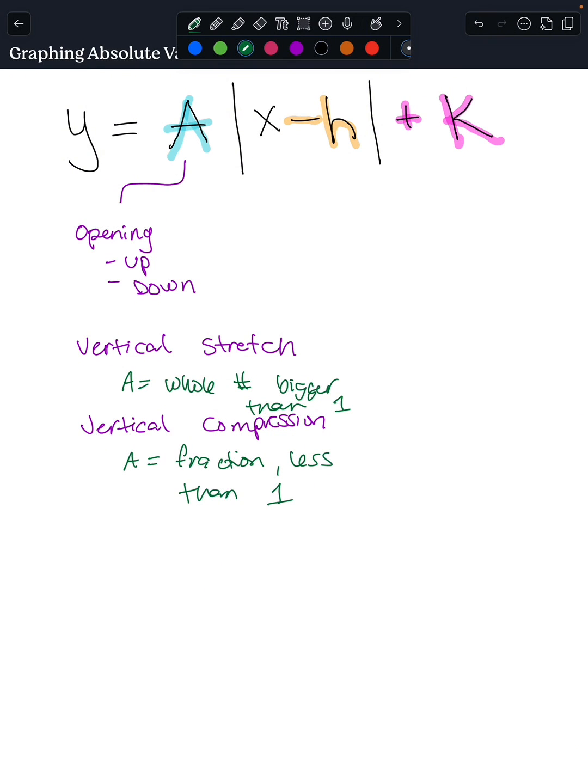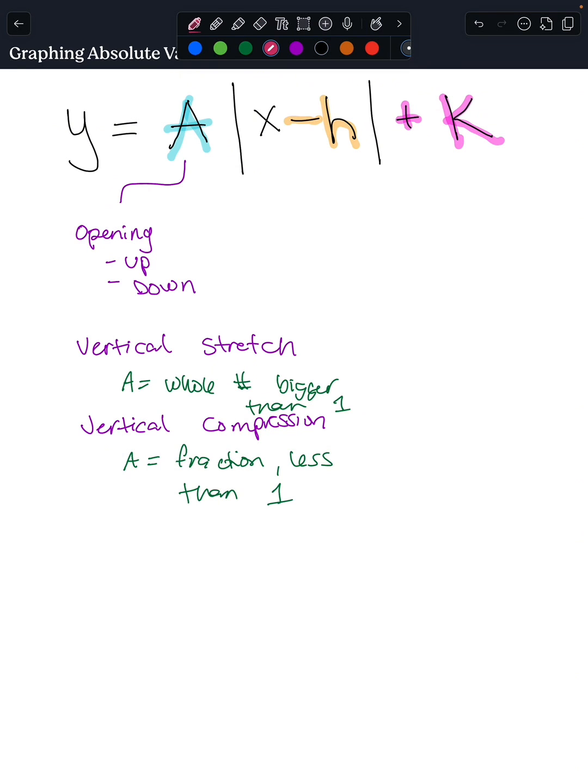So when you talk about your parent graph, which we'll get to in a minute, let's say this is your parent graph, a vertical stretch makes it more narrow in the middle like that, and a vertical compression makes it more wide like that, okay? And the example that I use in class, imagine if you had a balloon and you drew a face on it.